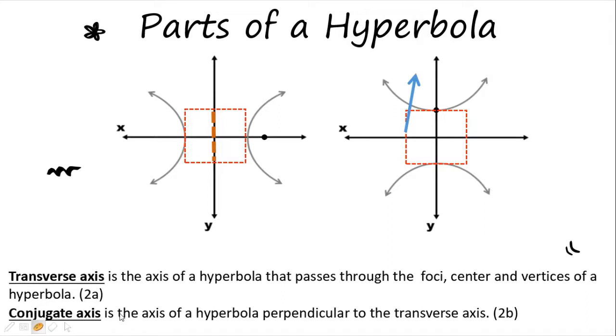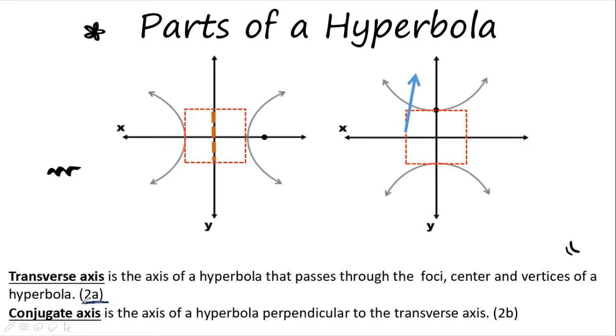Next is the transverse axis. This is the axis of the hyperbola that passes through the foci, center, and vertices of a hyperbola. The transverse axis is denoted as 2a.